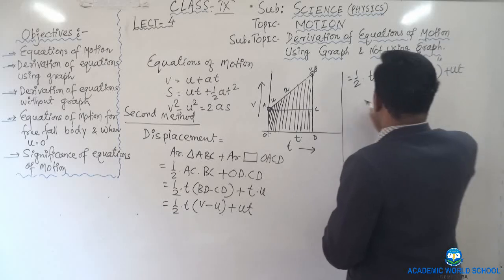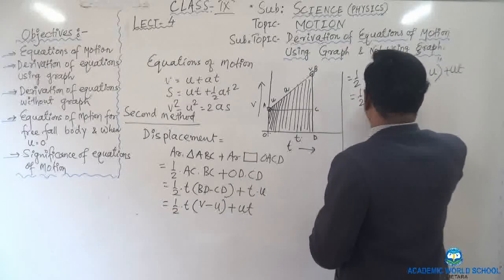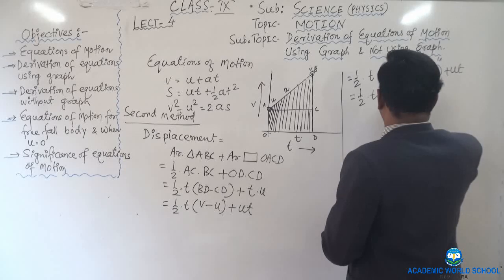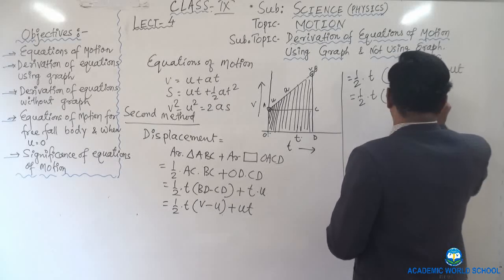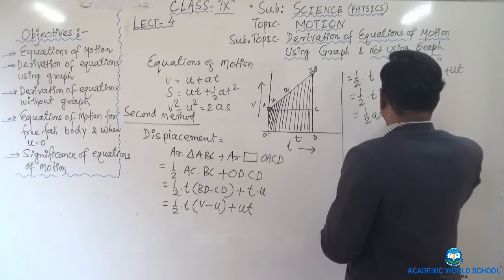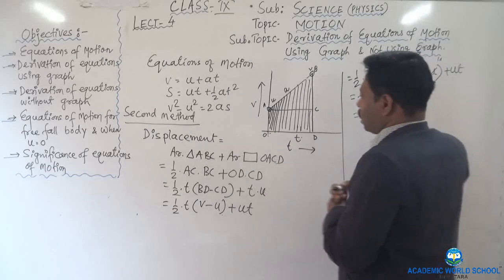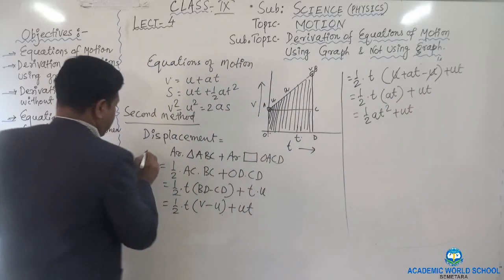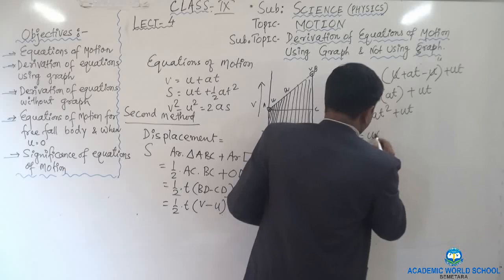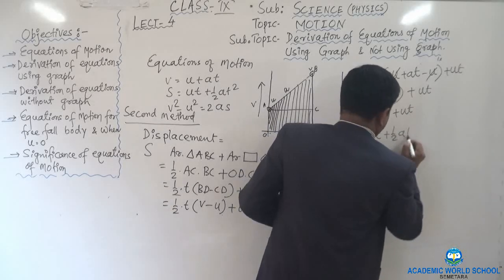So now you see half into T, U cancels and we are getting only AT plus UT. So now you see half T into AT, we are getting AT square plus UT. So displacement I have taken here as S, so I got S equal to UT plus half AT square.